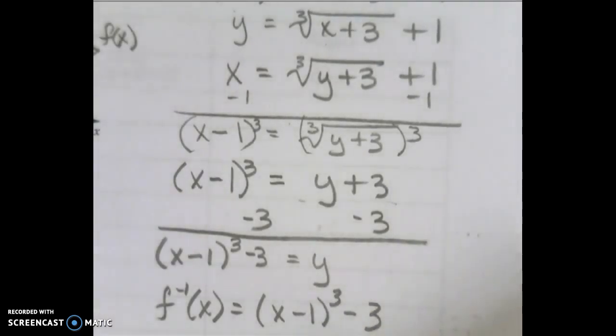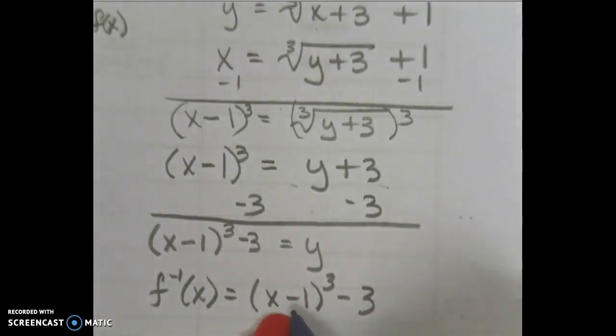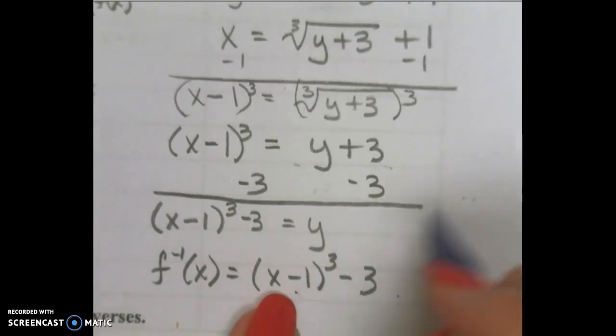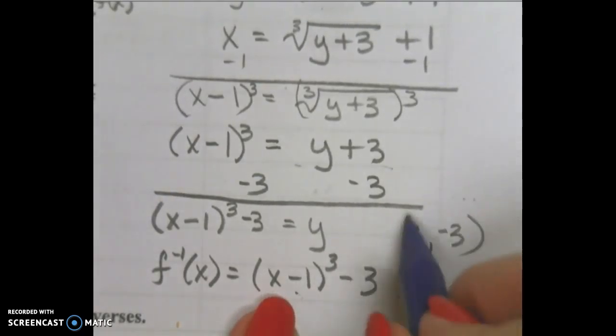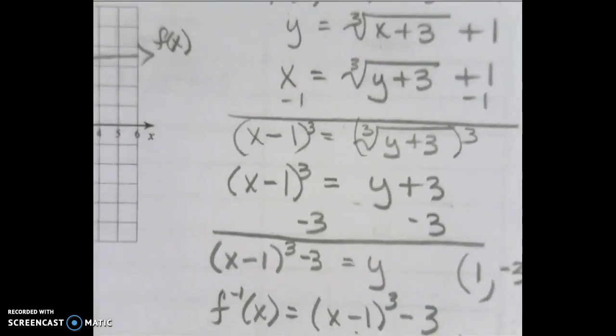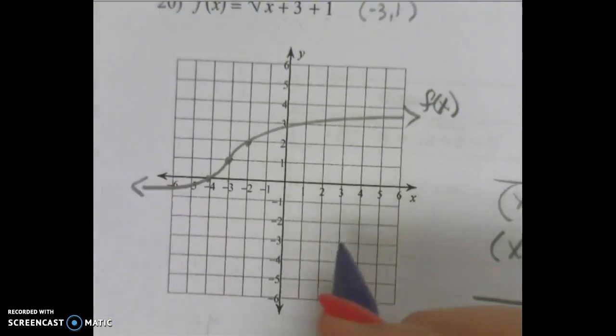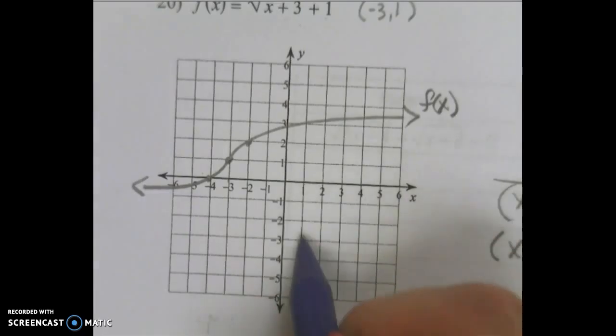Now to graph this, opposite, keep. If it's in the parenthesis, you always use the opposite. So that's going to be at 1, negative 3. Alright, so let's go back to our graph. 1, negative 3, right here.